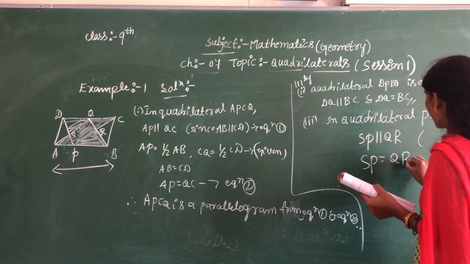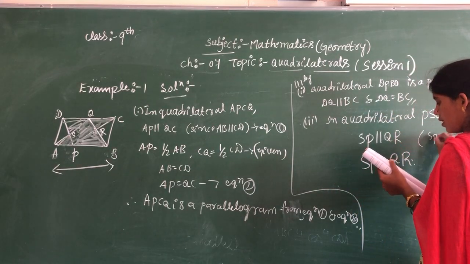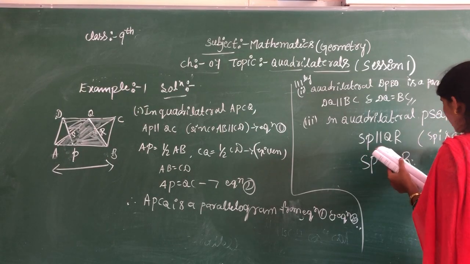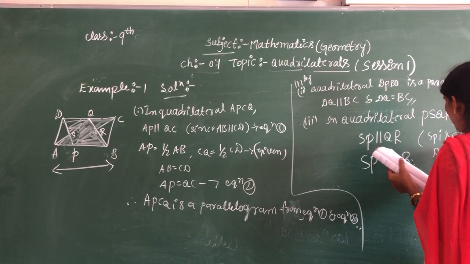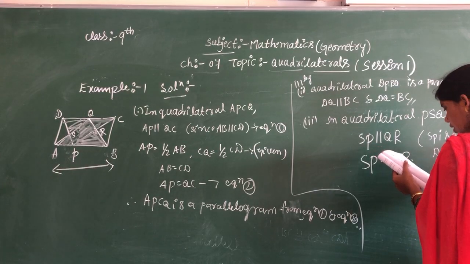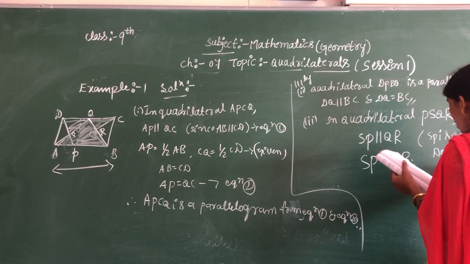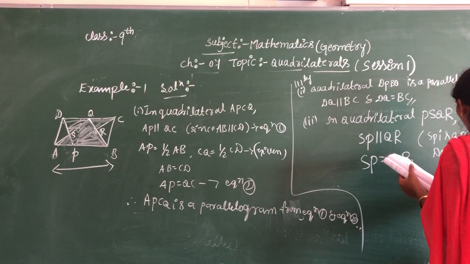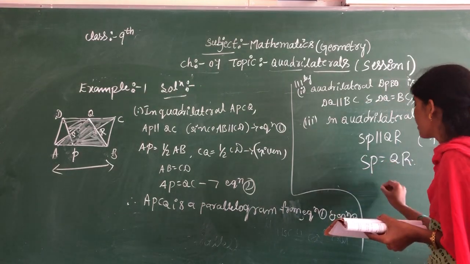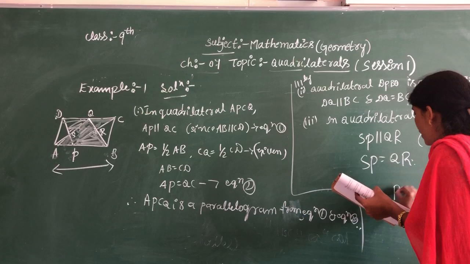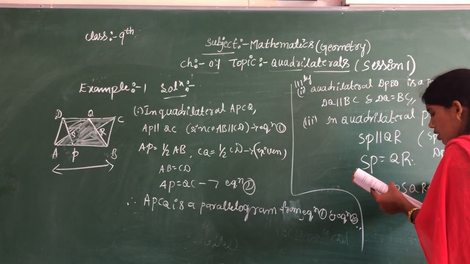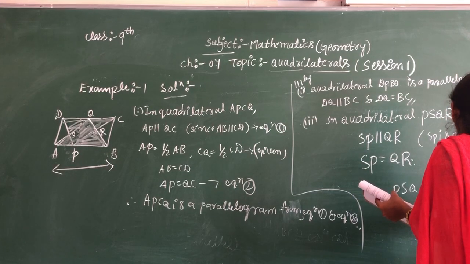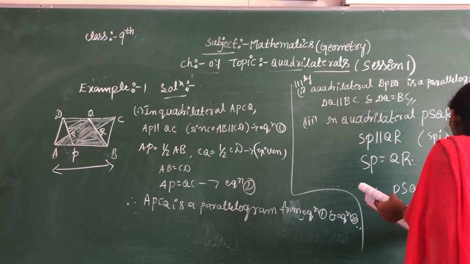This is the reason: SP is a part of DP and QR is a part of QB. So hence, therefore, PSQR is a parallelogram. Hence the proof.